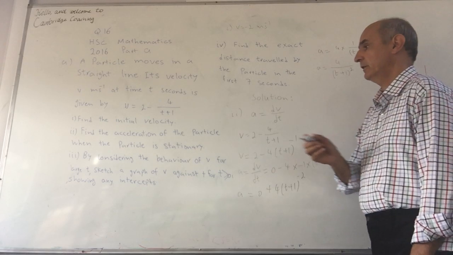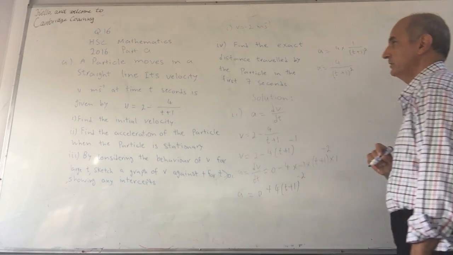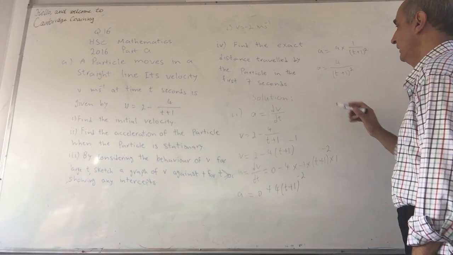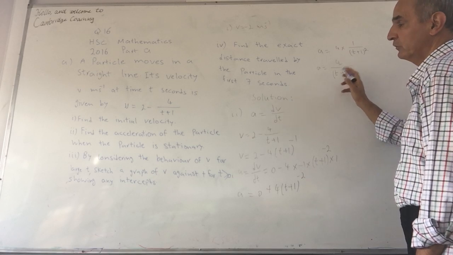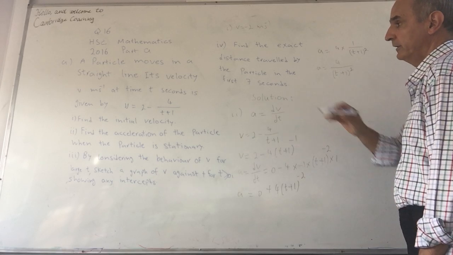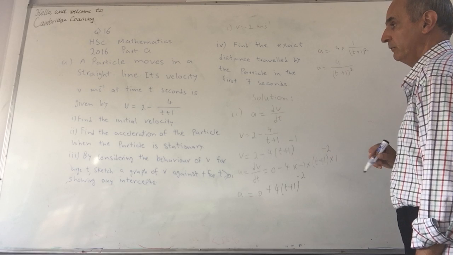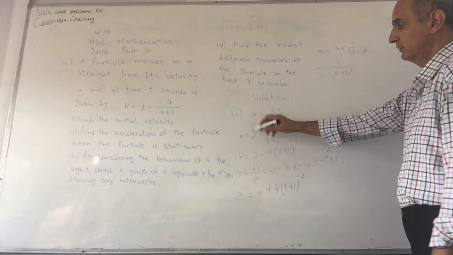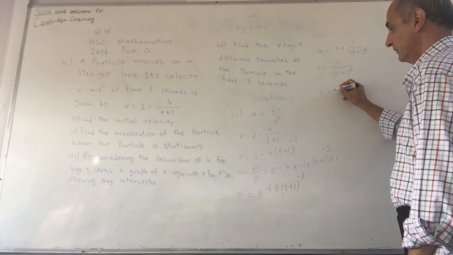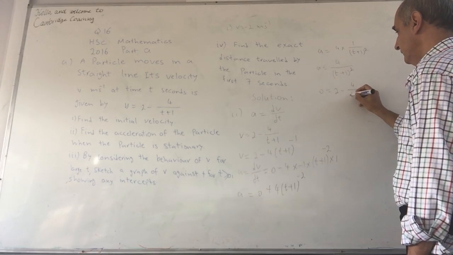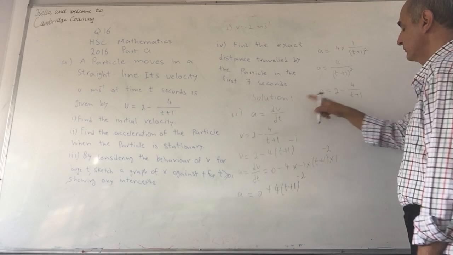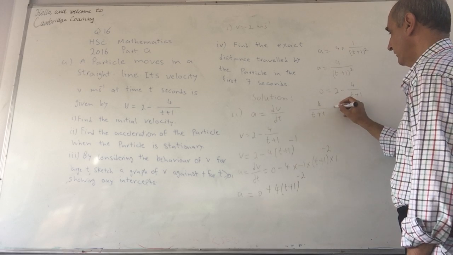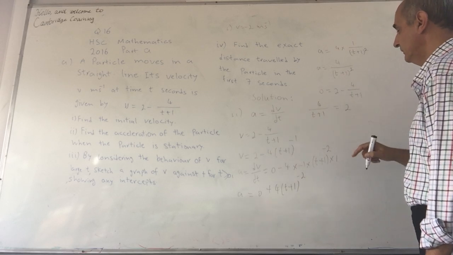However, they are asking us when the particle is stationary. So to find acceleration when the particle is stationary, as acceleration is given in terms of time, I need to find the relevant time when velocity is 0. So velocity is that, put it equal to 0, becomes 0 is equal to 2 minus 4 on t plus 1. Take this fraction to the other side and change its sign from negative to positive.